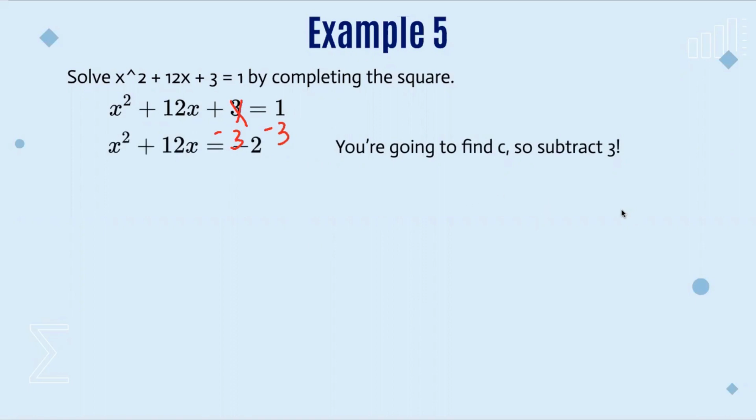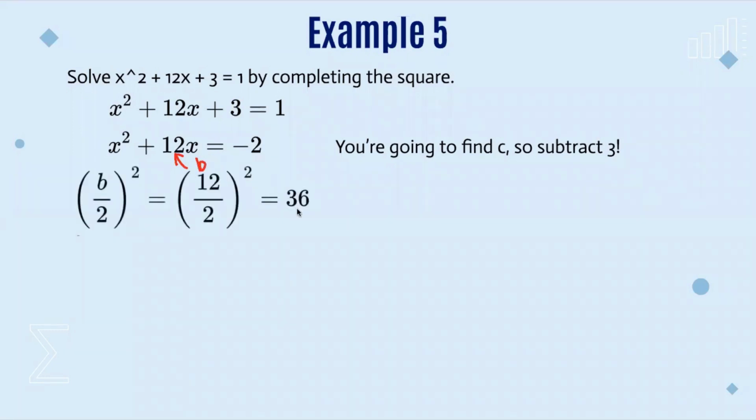And now you can find your c value by having your b value, in this case 12, and then squaring it. So b over 2 squared would just be 12 over 2 squared. 12 over 2 is 6, then 6 squared would equal 36, and 36 would be your c value.